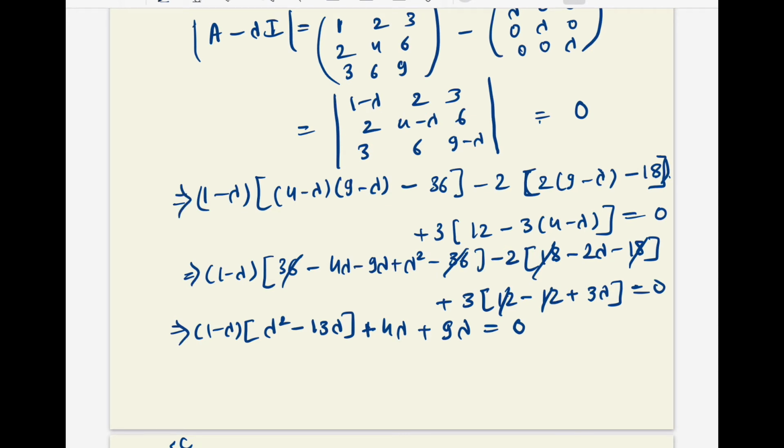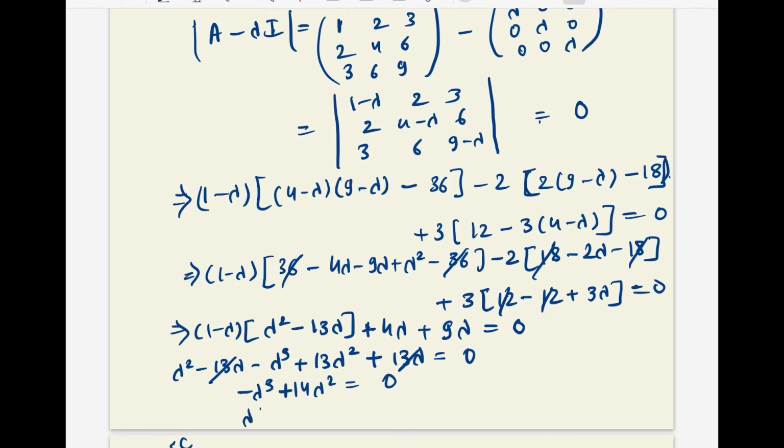Now the equation becomes lambda square minus 13 lambda minus lambda cube plus 13 lambda square plus 13 lambda is equal to 0. 13 lambda cancels, minus lambda cube plus 14 lambda square is equal to 0. So lambda square is common. This becomes lambda square times (minus lambda plus 14) equals 0. So lambda square is equal to 0, or lambda is equal to 14.